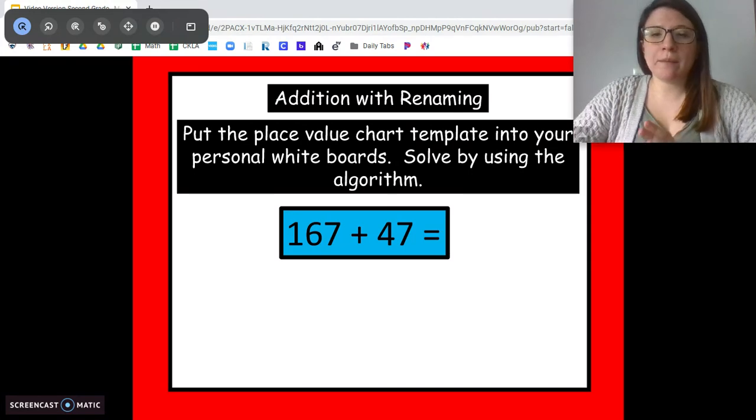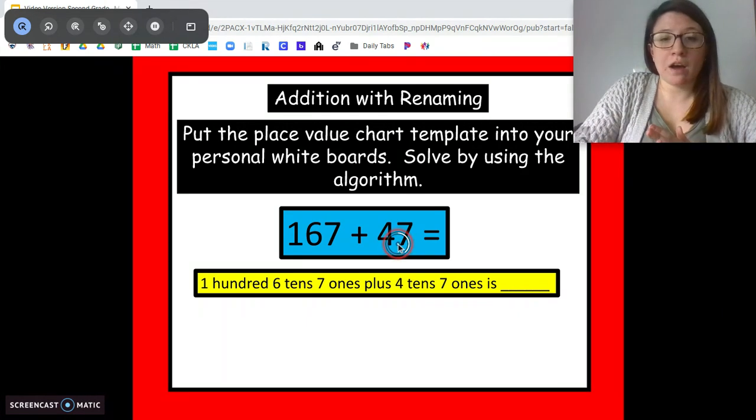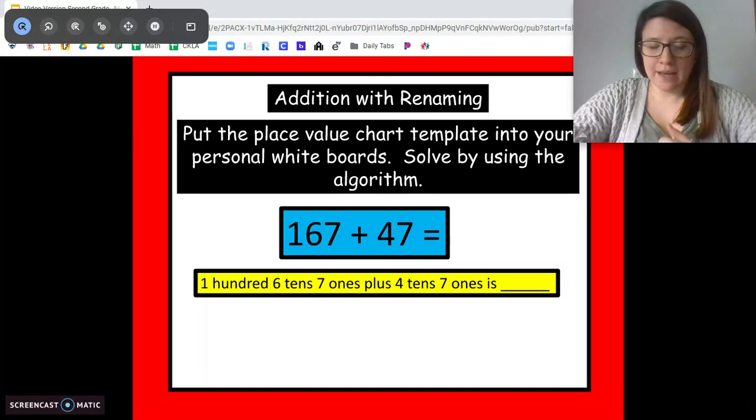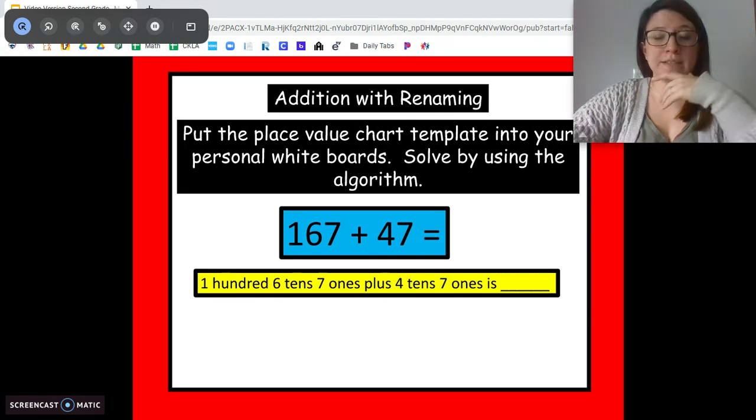Ready? So I'm going to solve it first with a place value chart. On my place value chart, I'm going to have 1 hundred, 6 tens, 7 ones. And then I'm going to draw 4 tens, 7 ones underneath it. Now I can add 7 ones plus 7 ones is going to give me 14 ones. So I'm going to bring my 4 down, carry my 10 ones over to the tens place.